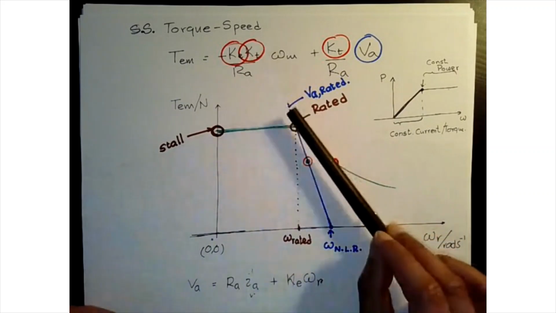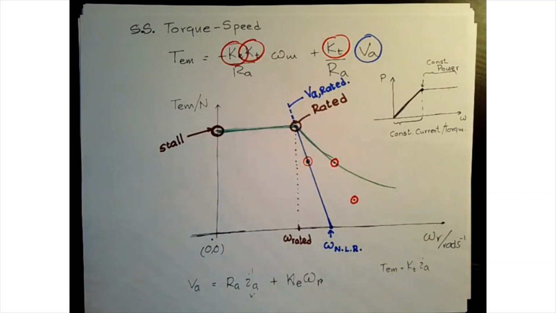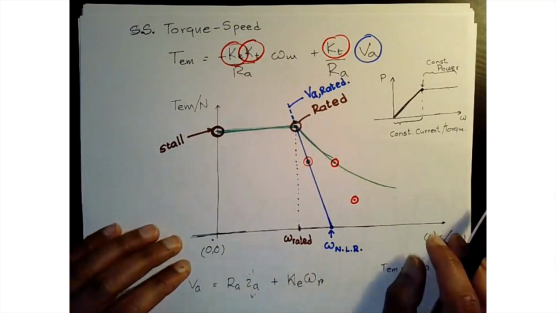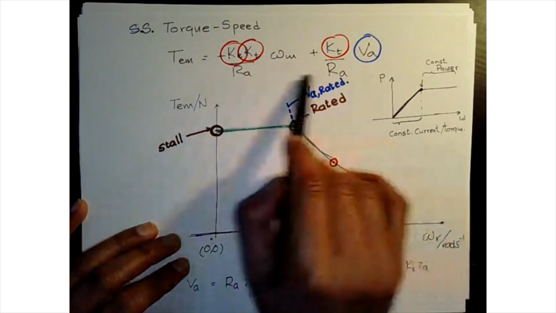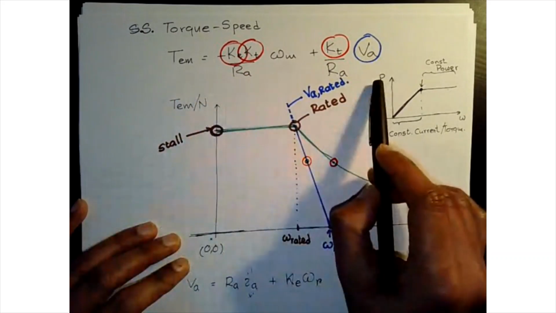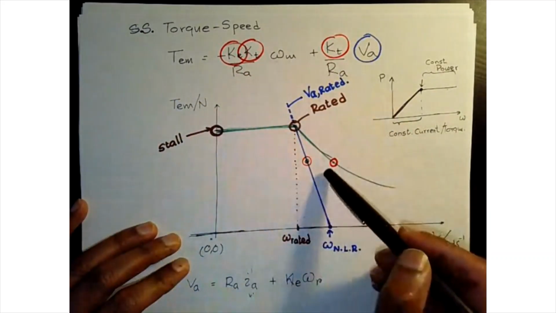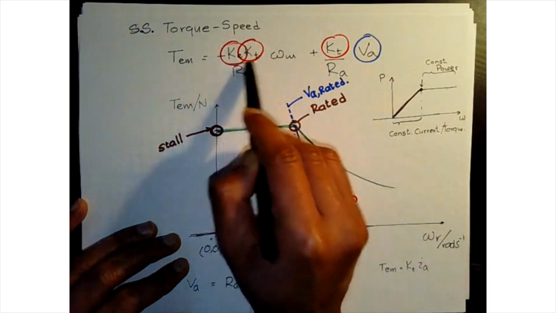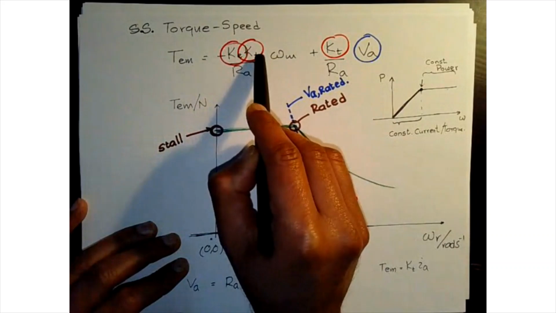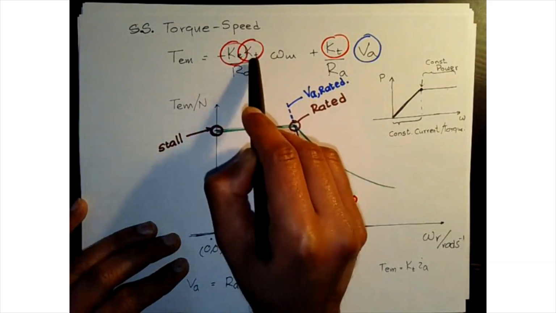Exactly, that's what's going to happen. It's going to be linear. See, linearity is not affected. Okay. So when you change your Ke, your Kt will change. Therefore, your slope is definitely impacted, right?